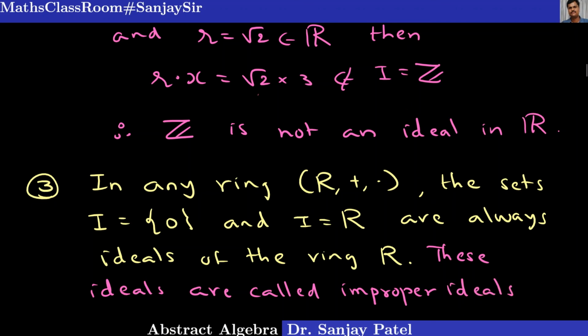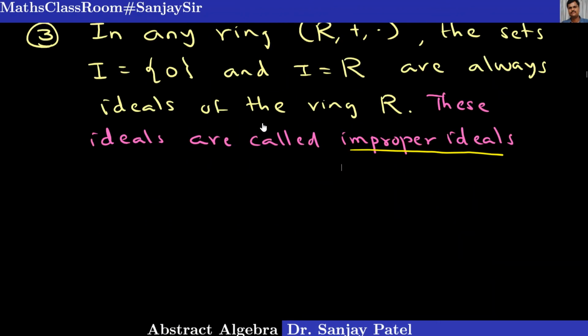So a very, very important statement, or I can say definition of improper ideals: the singleton 0 and the whole ring are always ideals, and they are called improper ideals of the ring R.